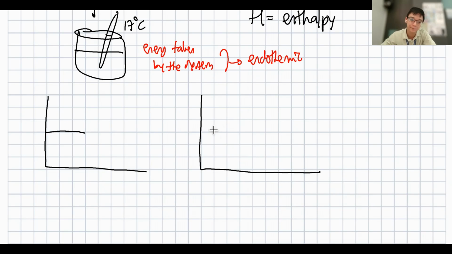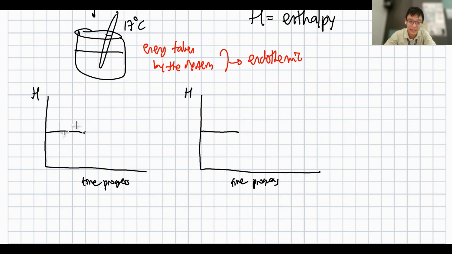Let's say that it's at this point. This axis is time as it progresses, and this is the enthalpy or the energy level. In order to do a reaction, we need to supply energy.